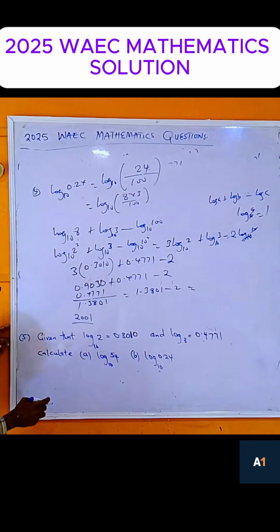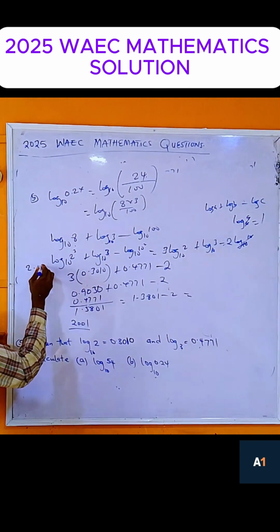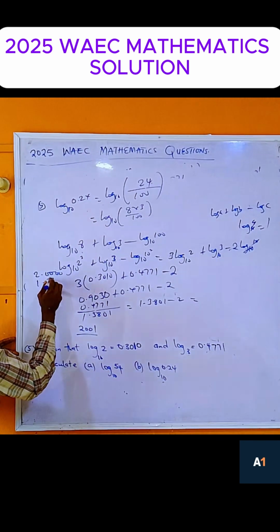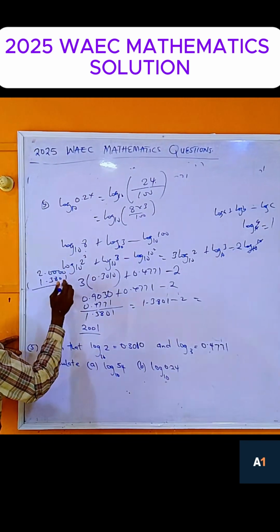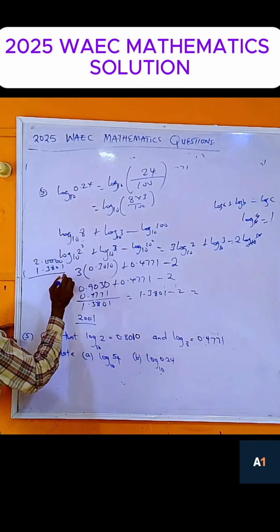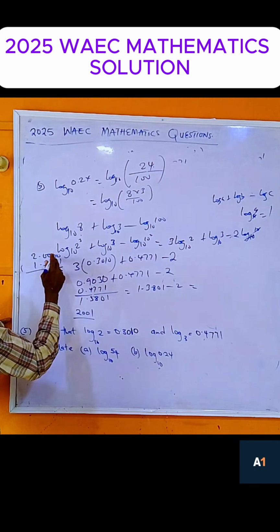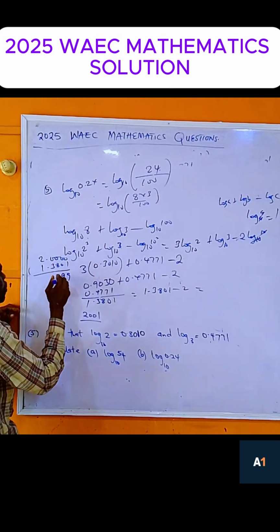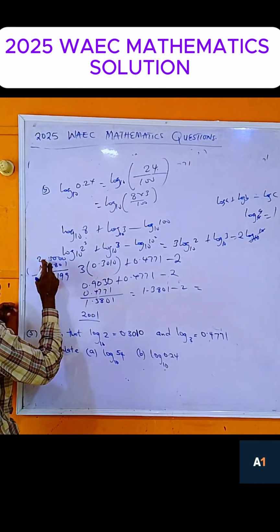So what will it give us? So let's assume what we have is 2.0000. So we have 1.3801. So this will be 10, 1. 10. We have what? 9. This will be 8. And this is 9. This will be also 1. This will be 9.